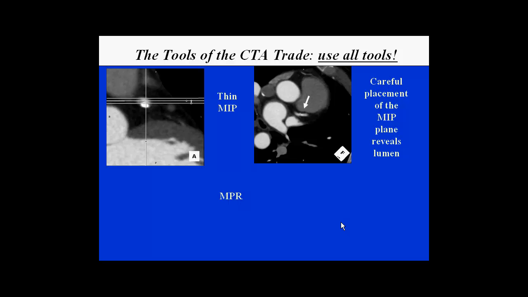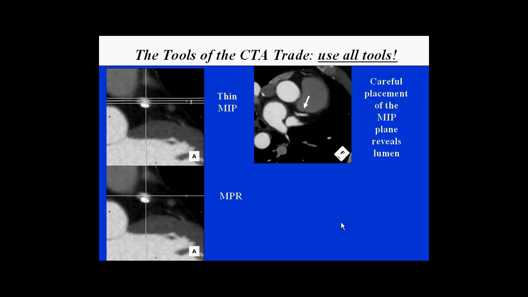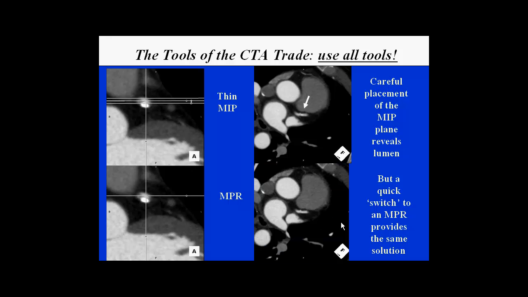In the same set of images, though, I could have performed an MPR, which is a single voxel thickness view, switching from a MIP to an MPR, and thus showing the same kind of view where I can see the lumen is quite sufficient. So a quick switch to an MPR provides the same solution as thinning and adjusting the height and altitude of the slab, which displays the maximum intensity projection.